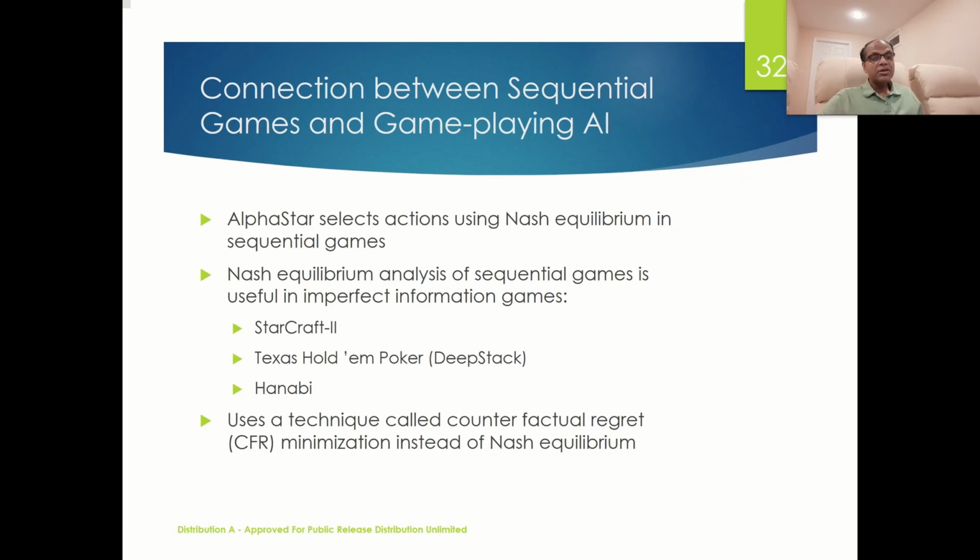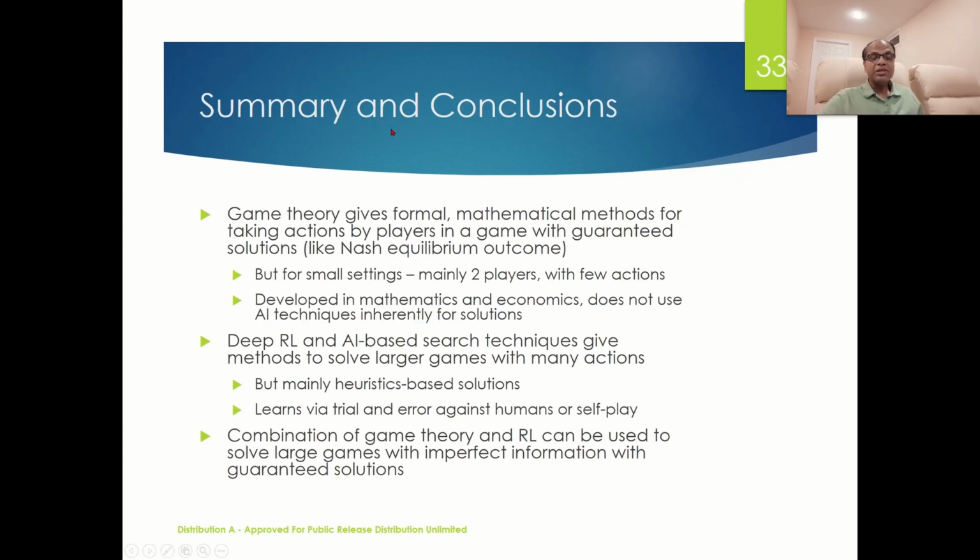So at this point, I would like to wrap up the lecture, giving a summary. What we saw in the first lecture was game theoretic techniques for small games, 2-player games, where each player had 2 actions, but we found out how to solve the game using Nash equilibrium. The limitation of traditional game theory is that it applies to rather small settings, 2x2 games.